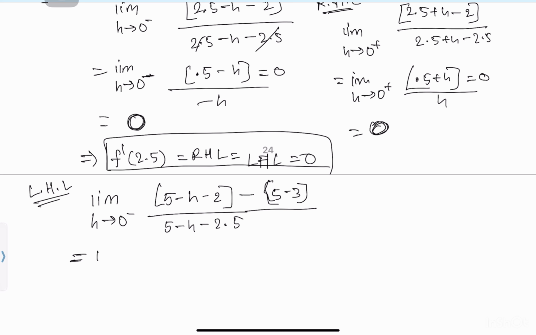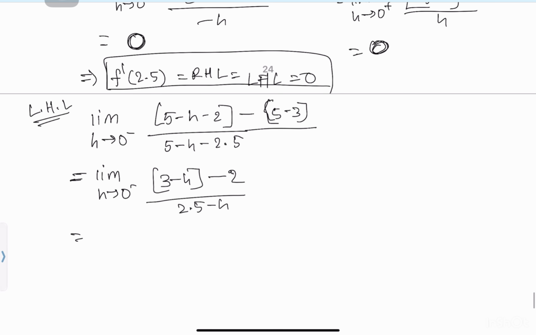So limit h tending to 0 negative, this becomes 3 minus h, and the box function of 3 minus h gives 2, and this is 2.5 minus h. Now 3 minus h gives 2, so this becomes 0. Clear?